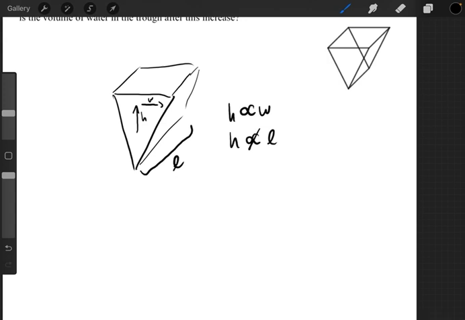When you're setting up your equations, V over V1, you're actually going to get h squared times L over h1 squared times L, where L are now part of the constants, and those cancel out as well. So you're going to end up with h squared over h1 squared.